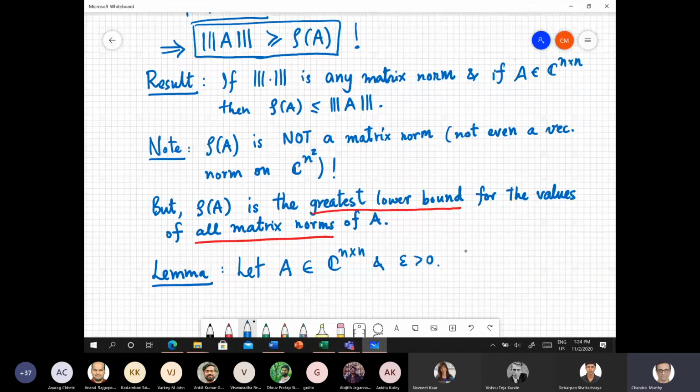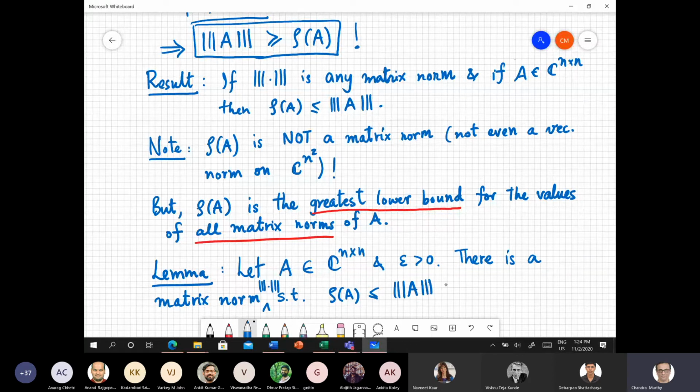Then there is a matrix norm, which I denote by these three bars, such that rho of A is less than or equal to this matrix norm of A, which is less than or equal to rho of A plus epsilon.